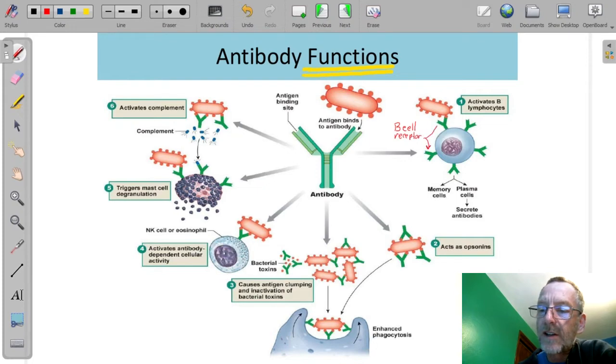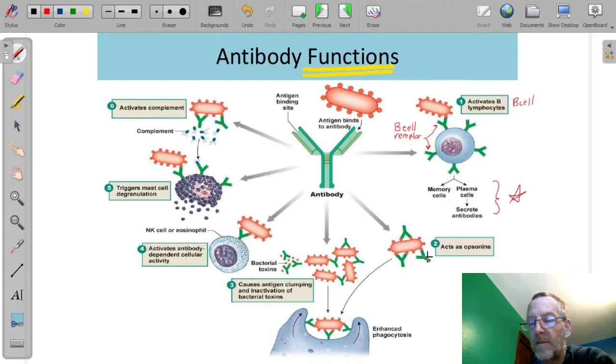And it had the little arms at the end, right? They could bind different antigens. And this is a B cell as drawn. So antibodies can act as those little antigen receptors. And then we can do the plasma cell, memory cell, that sort of story that we just did. So that should be familiar.